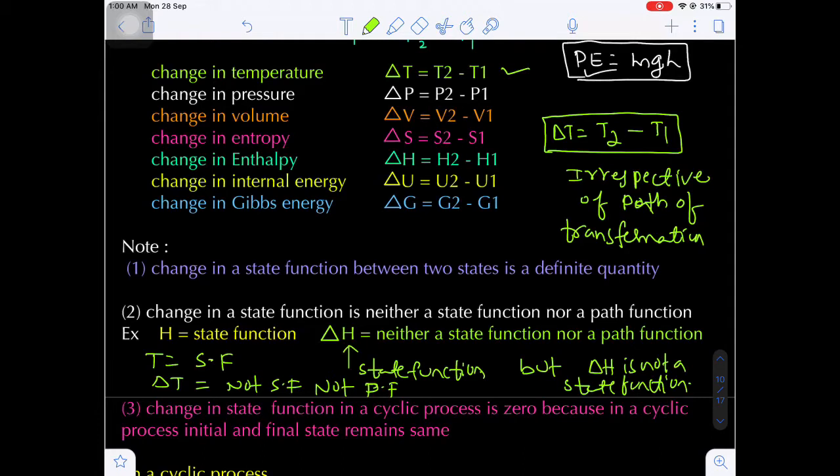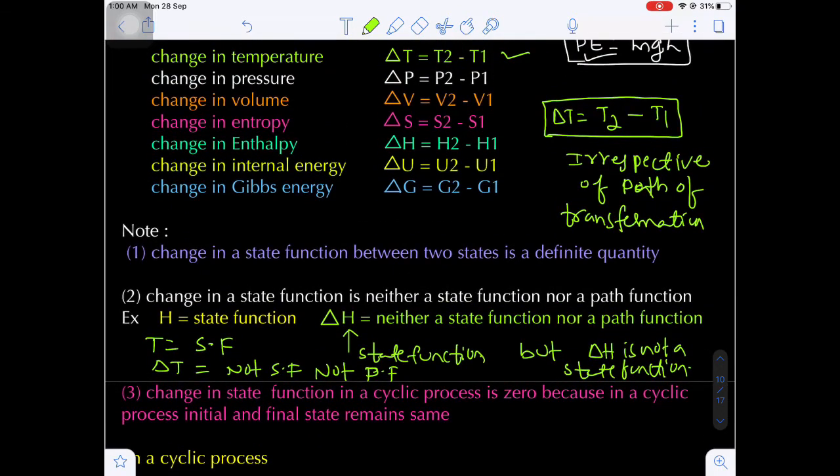D of dx is undefined. We can define only dx, that is delta T, delta P, delta V, like that. So d of dx is not defined. That's why we should not consider the change in the state function as a state function. It is not a state function. Are you getting my point? It is not a path function. Are you getting my point?